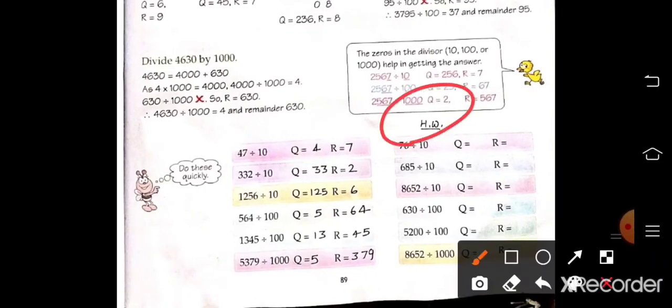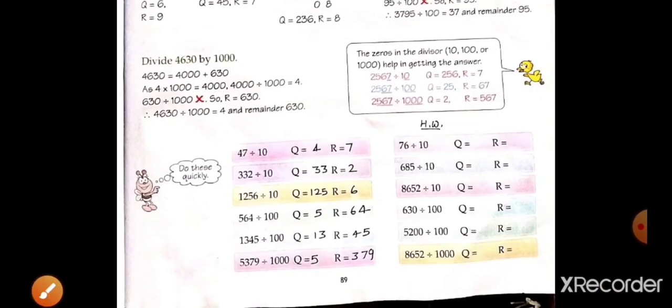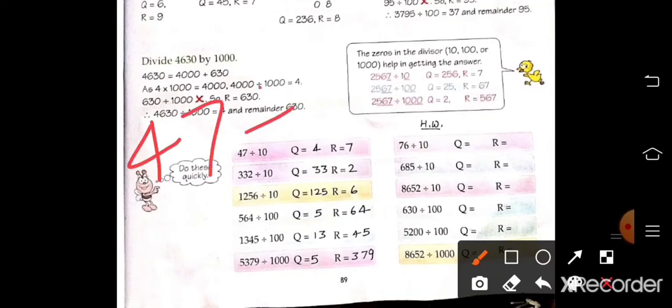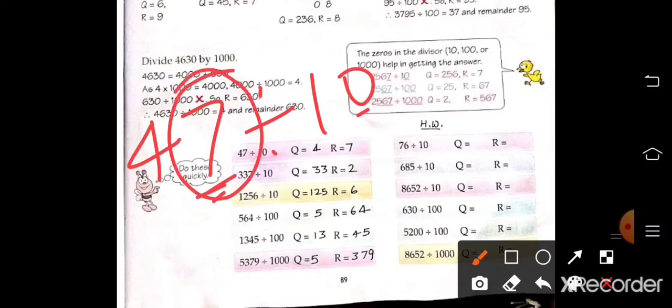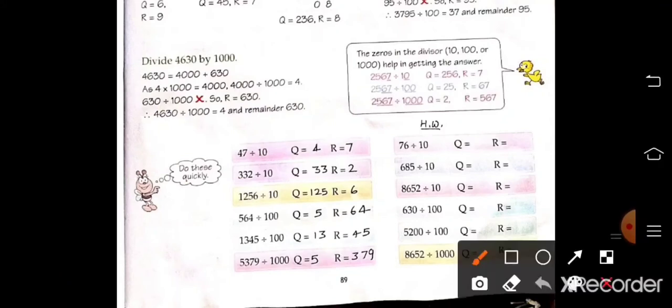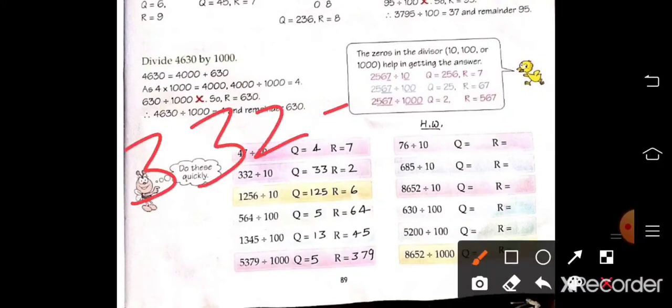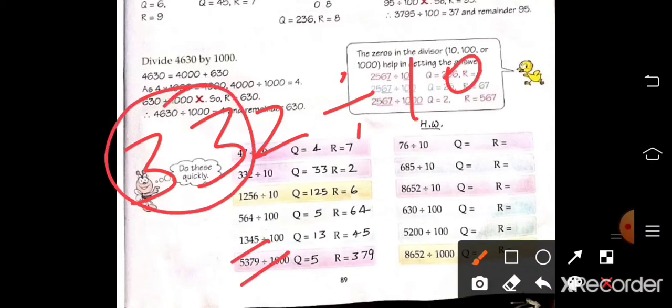This is your homework and this is your exercise. 47 divided by 10. So here only one 0 in 10. So here 7 is the remainder and 4 is the quotient. Okay, 332 divided by 10. So here 33 is quotient and 2 is the remainder. Only one 0.